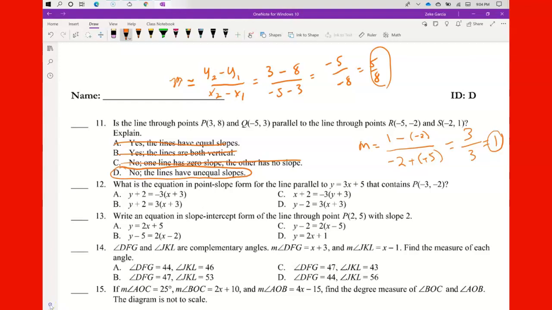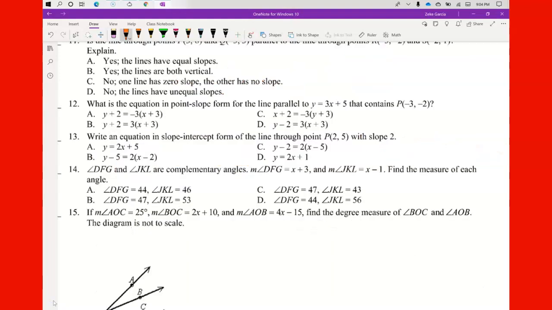Okay. Number 12, what is the equation in point slope form for a line parallel to 3? So we have y minus y1 is equal to m times x minus x1. You're going to be provided the formula. So let's go ahead and substitute what we have. Y minus y1, in this case it's -2, and if it's parallel, they will not intersect and they will have the same slope.